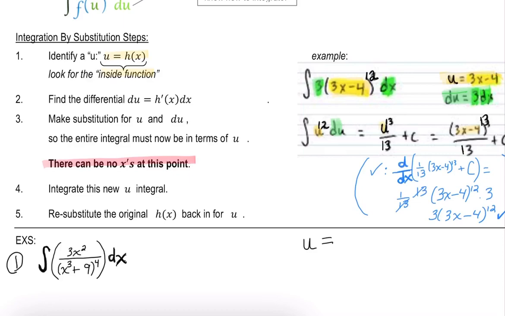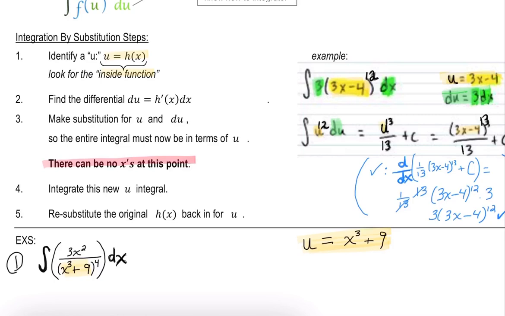And what we see here is this x cubed plus 9 is being raised to the fourth power. So this looks like my choice of an inside function pretty intuitively. U is equal to that x cubed plus 9. That's the only thing I have really control over in terms of my choice.